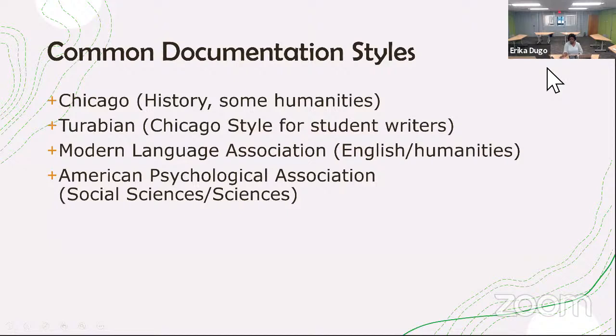The Modern Language Association is used in English and humanities, and the American Psychological Association or APA style is typically used in the social sciences or the sciences. But it will all depend on what your discipline requires or what your instructor has given you as their preference for your paper.